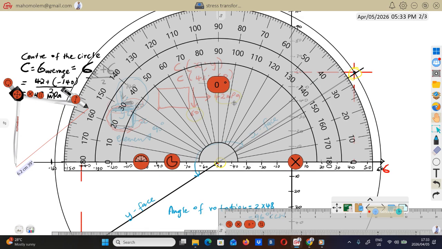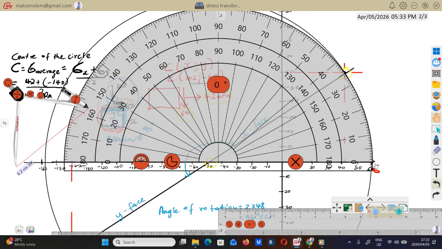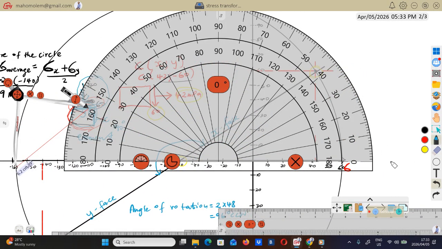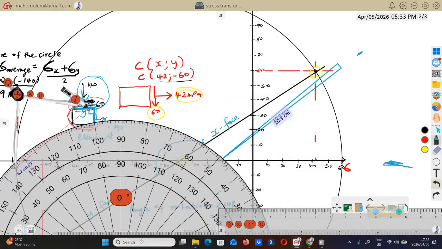You must put it at the center of this cycle, which is at 49. The way of positioning it now is that 0 is on this line. No, I said the reference must be that x face, so I must arrange this in that way. So I need to rotate it.